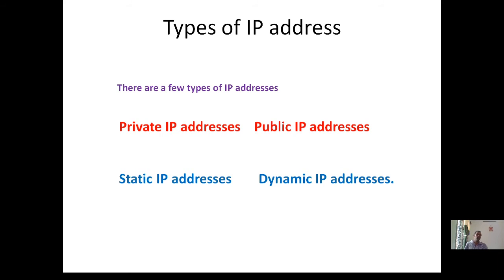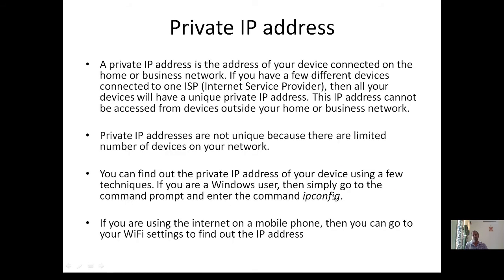Then under classifications of IP address, there are different types: private IP address and public IP address, and static IP address and dynamic IP address. First is the private IP address. A private IP address is the address of your device connected to your home or business network. Private IP addresses are not unique because there are a limited number of devices on your network.